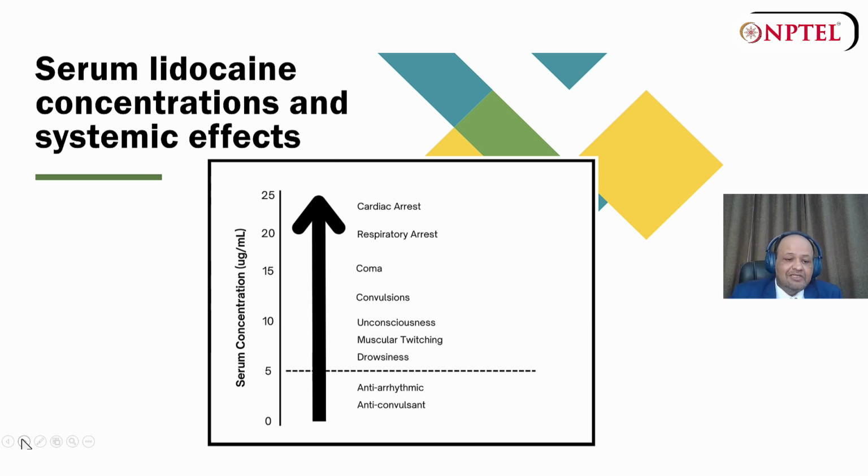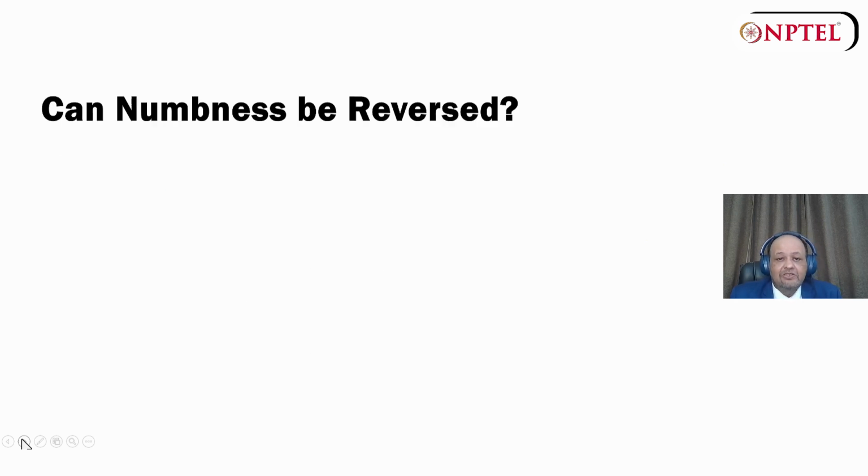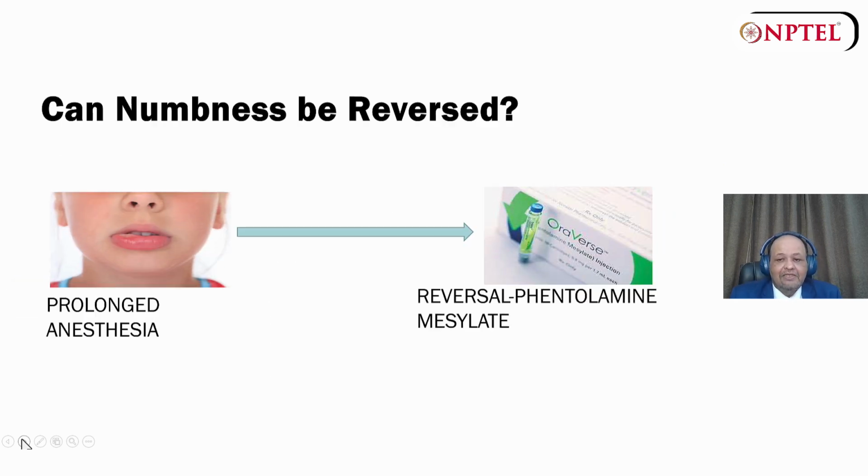Now, this leads to a situation where we ask: can we reverse the effect of local anesthetics? And this can happen with the use of phentolamine mesylate, which is a vasodilating drug. It is basically used in the younger age group, where the patient is not very well versed with the effects of local anesthesia and could result in a lip bite.